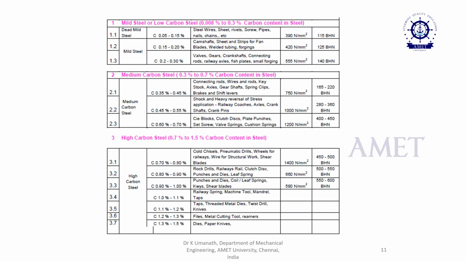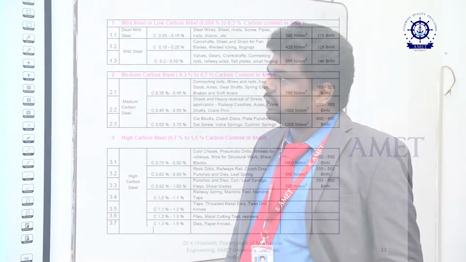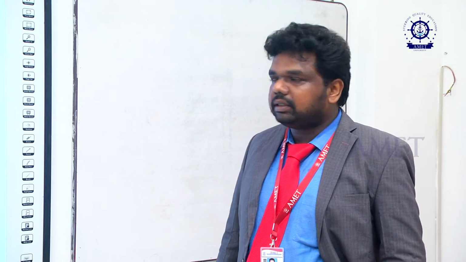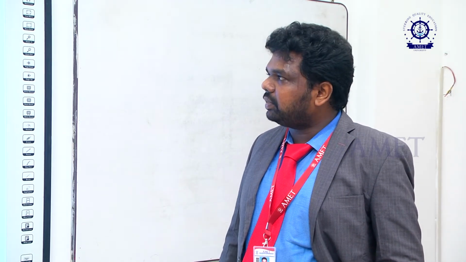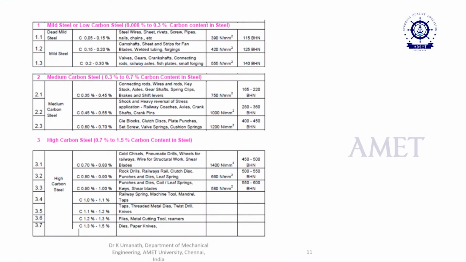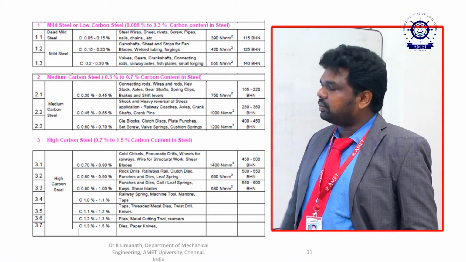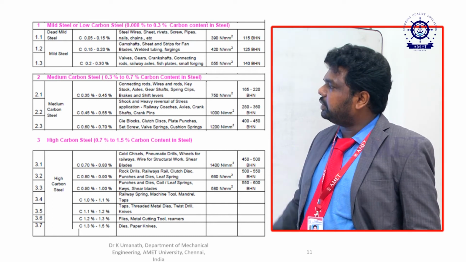Here I have given the mild steel; the first column shows that mild steel is one of the low alloy steels. It is for less than 0.3 percent carbon. Normally it is also called mild steel or low carbon steel. It is used for various applications as shown in this figure.